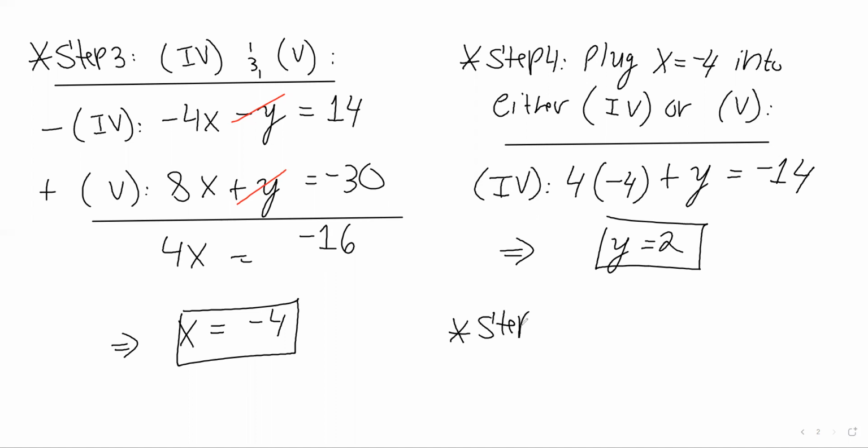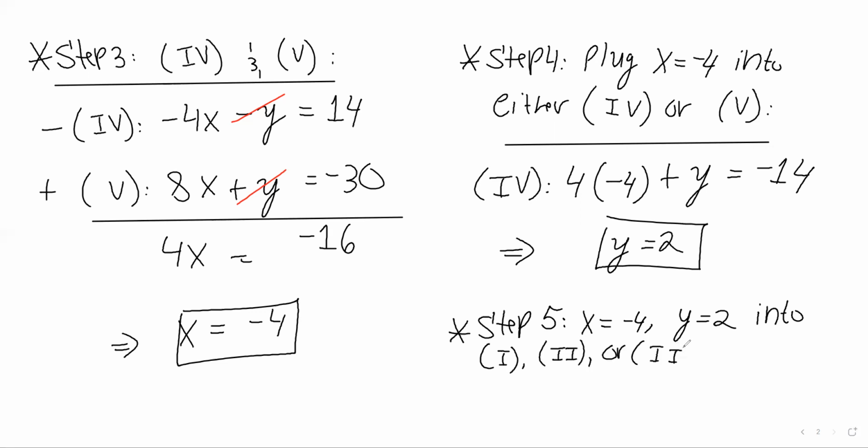They logically follow. Step 5 would be, well, we have x and y. We need to find z. So now we're not looking at equations 4 or 5 anymore. We have to plug our x equals negative 4 and our y equals 2 into one of the original 3 equations, 1, 2, or 3, because they contain z. This would allow us to solve for z.